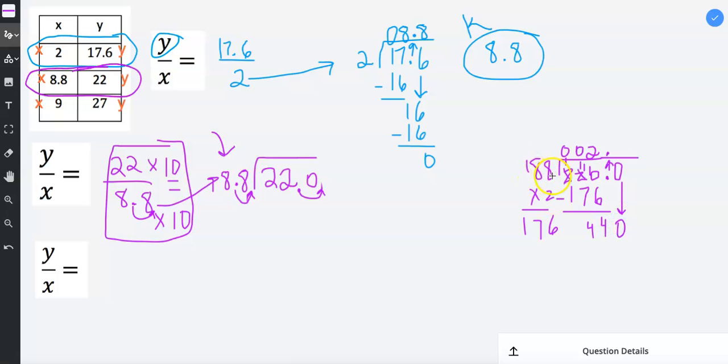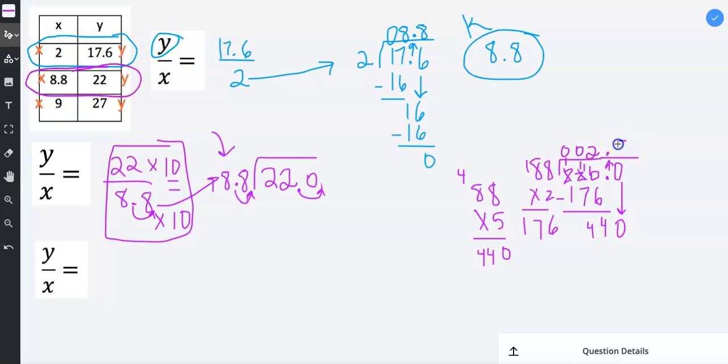All right, now 88 probably goes into 400 about 4 or 5 times, because 88 is close to 100, and there's 4 100s in 400. So I'm just going to guess 4 or 5. I'm going to try 5. 8 times 5 is 40, carry the 4. 8 times 5 is 40, plus 4 is 44.